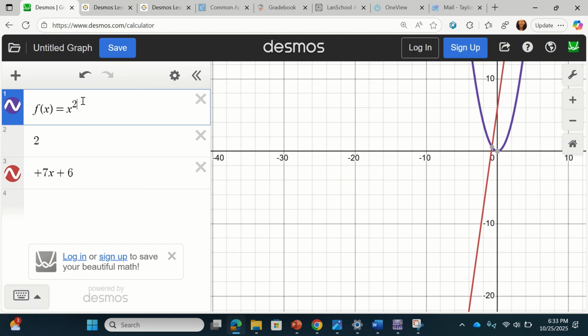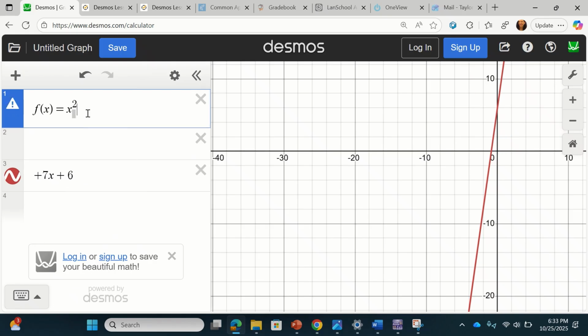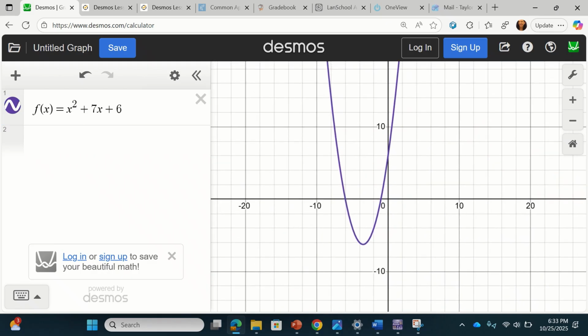So that should be x squared is what that 2 is. And then this should be plus, really? Plus 7x plus 6, and it is yelling at me because of that. There we go. Okay, so there we go. I'm going to move that over.